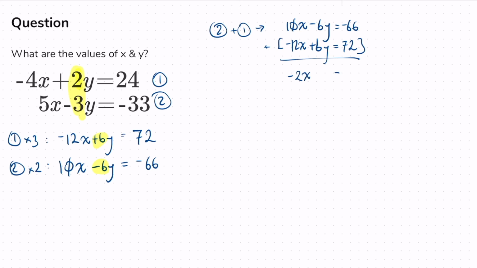That cancels out. Negative 66 plus 12, well, the difference there is 6, so I end up with plus 6. X here is equal to 6 divided by negative 2, negative 3.